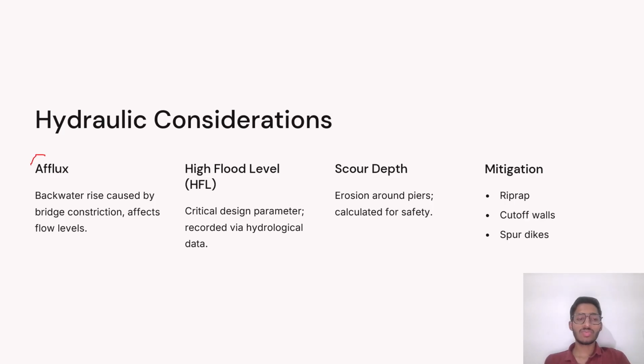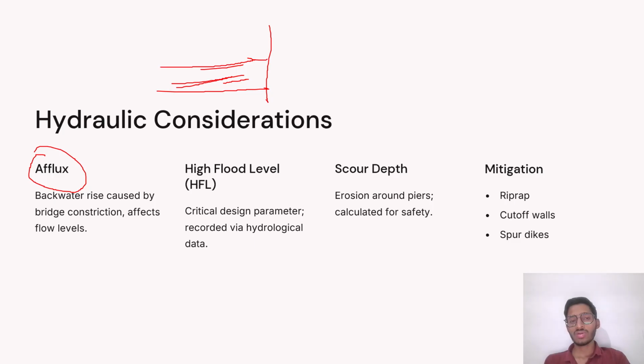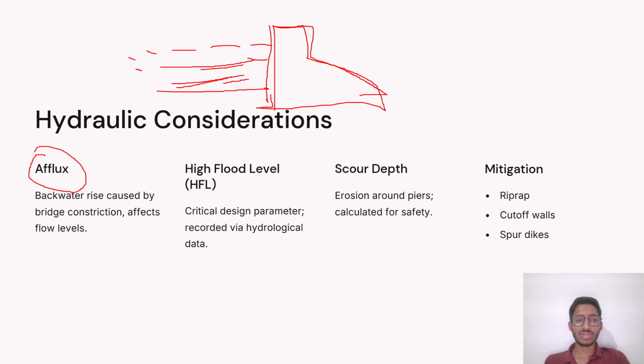The concept of afflux is, suppose this is a river and we construct a bridge on it, or when we construct a dam on the river, the water behind that dam increases over a long length.